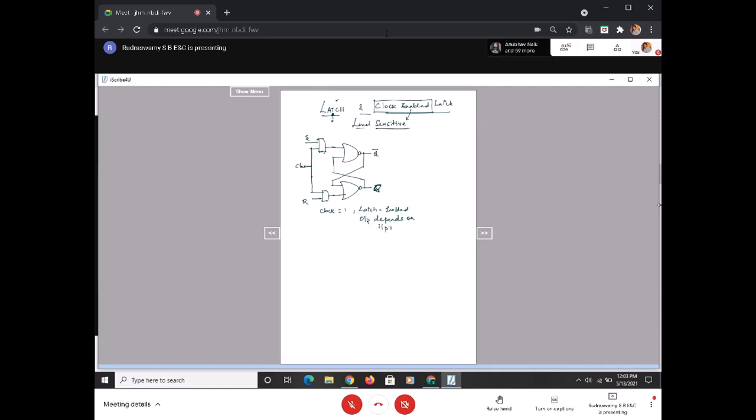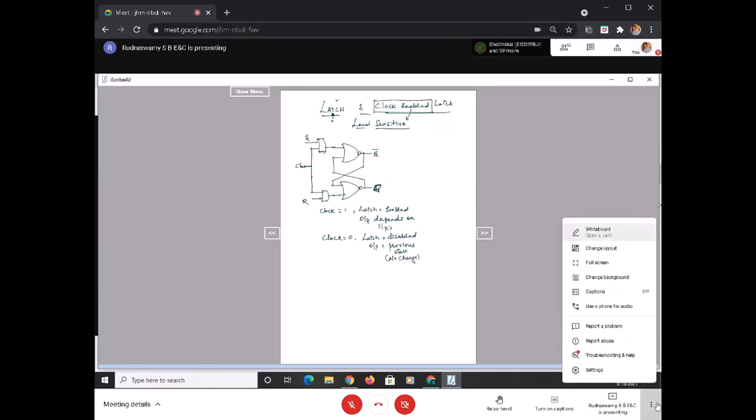The moment clock equals 0, the latch is disabled, with the output being the previous state. There is no change in the output. It will retain its previous state. This is what we are saying.